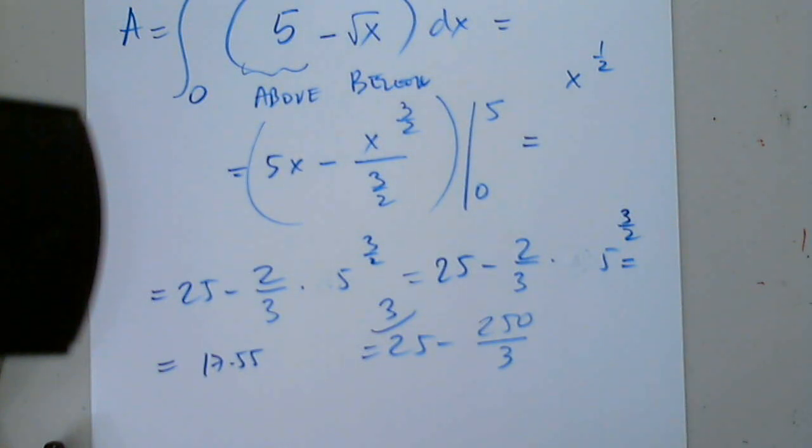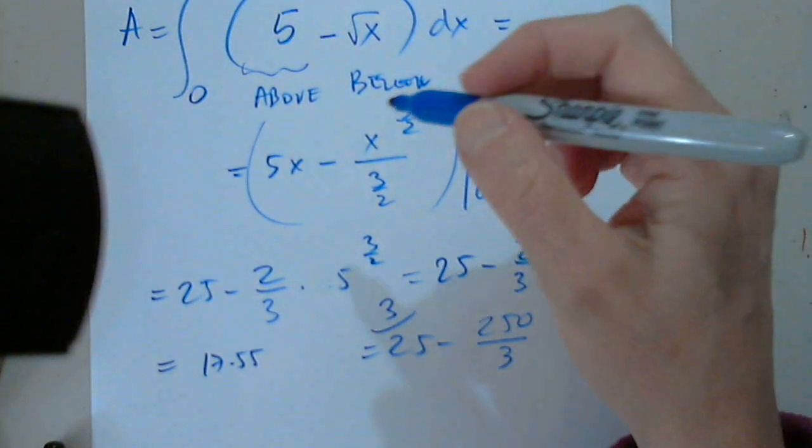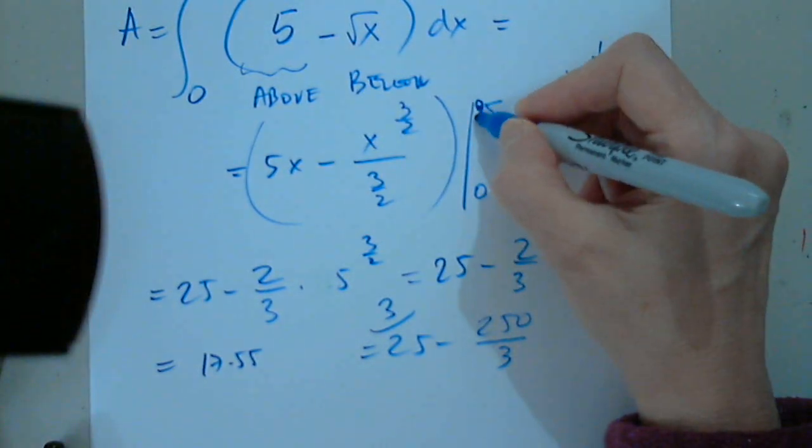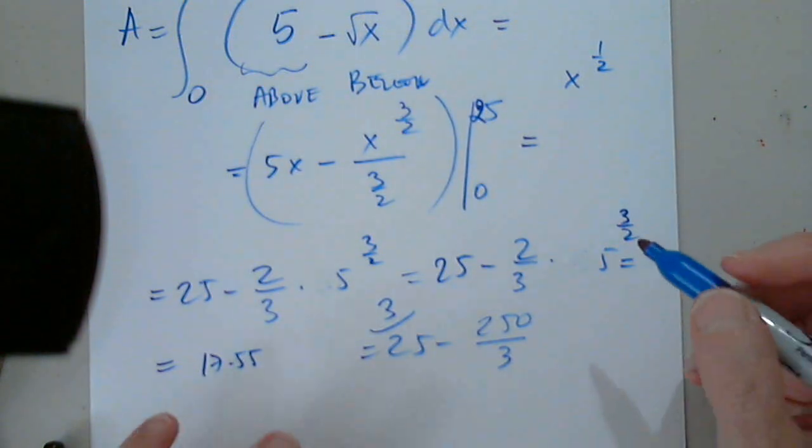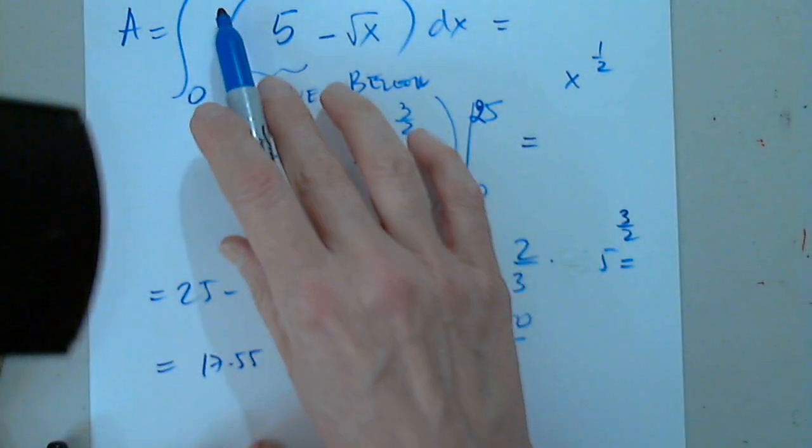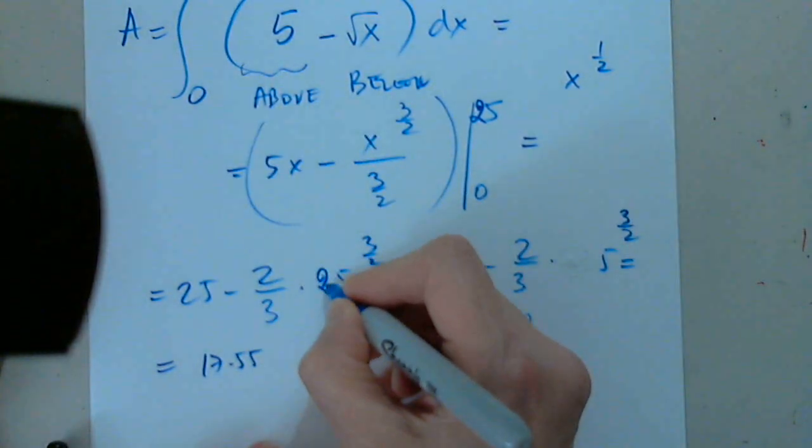So 3/2, 1/2 plus 1 is 3/2, and 3/2, 2/3, and 5 to 3/2. So 0 to 25. Oh, yeah. Okay, I see what I did. That's why I put in 25. I wrote here 5. That's why. Okay, so I was correct initially. It was 25. Sorry about that.